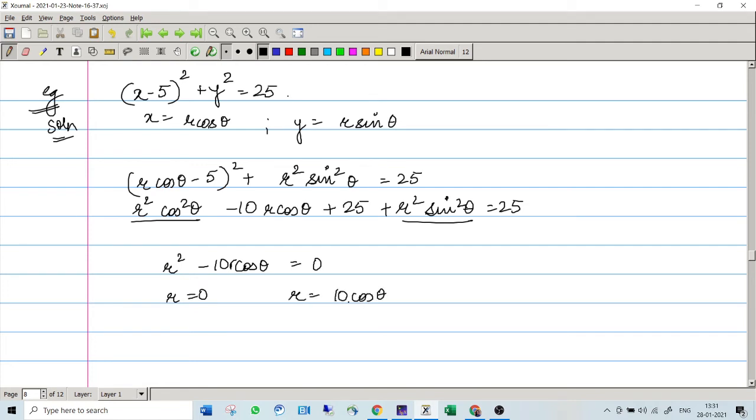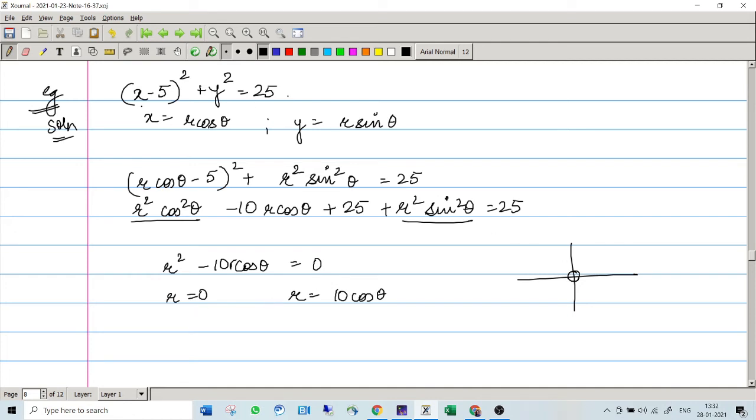Can r be 0? Because we want the equation of a circle with the center 5 comma 0 and the radius as 5, can r be 0? What happens when r is 0? What is the situation when you have r to be 0? R being 0 will just depict the point, the origin. Absolutely. So as r is equal to 0, you just have the point origin.